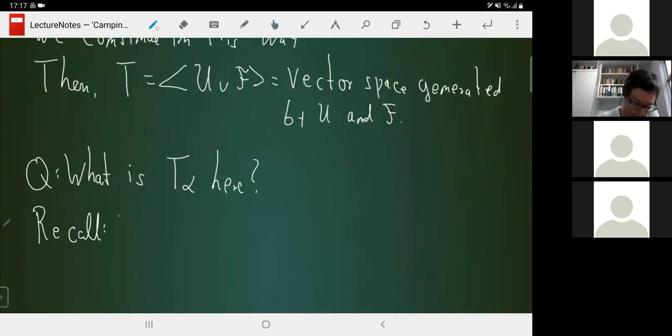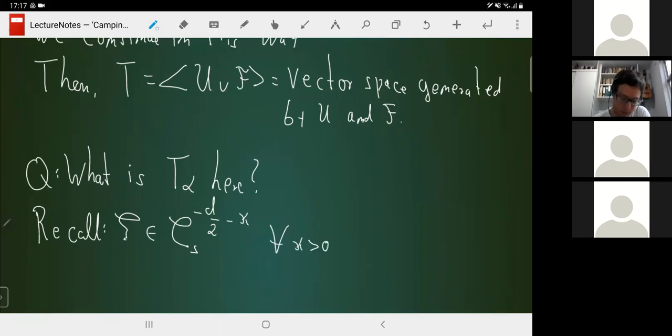Recall that for psi, we never talked only about space noise, only space-time noise, but you can do essentially the same, and the regularity is minus d over 2 minus kappa, for all kappa positive. Kappa is, for some reason, the letter chosen in the theory of regularity structures, I guess because epsilon is reserved for the approximation of psi.